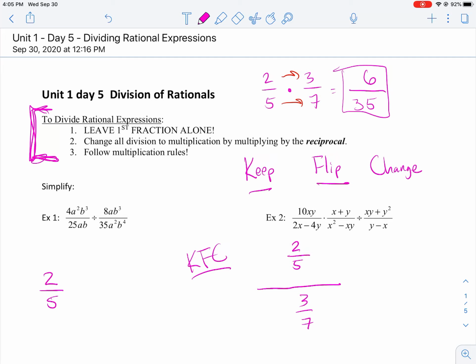So you take that fraction down here and you flip it, or you make it its reciprocal, or multiplying by the reciprocal. So the reciprocal of 3/7 is 7/3. Flip the fraction. And the last thing you want to do, change. Change the division sign to multiplication.